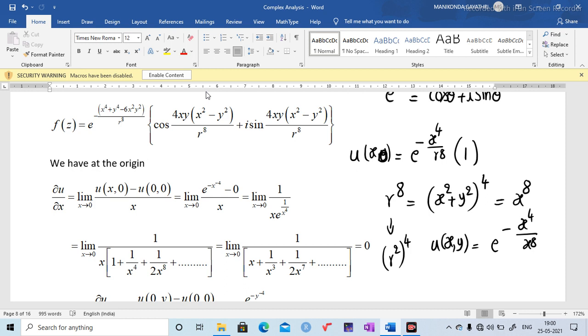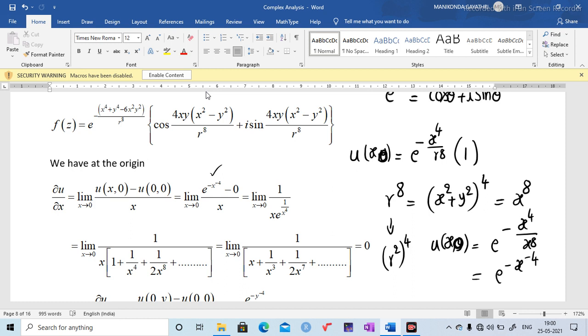While substituting y equal to 0, this becomes x square power 4, that is x power 8. That means the value of r power 8 is x power 8. So u of x comma 0 equal to e power minus x power 4 by x power 8, that means e power minus x power minus 4. This 8 goes to the numerator as 4 minus 8, and 4 minus 8 is minus 4 only. That's why you are going to get this step.